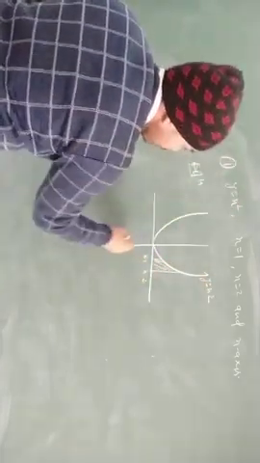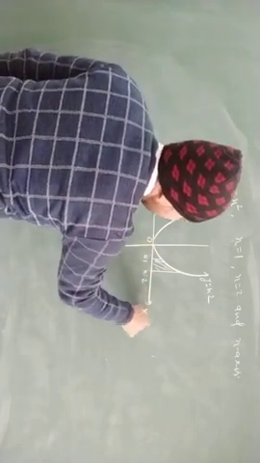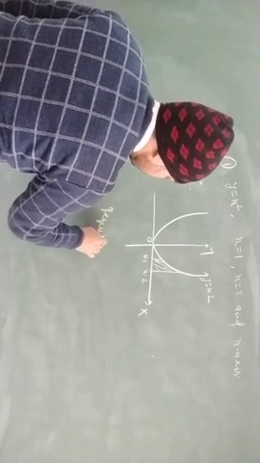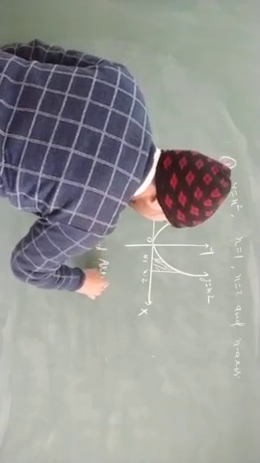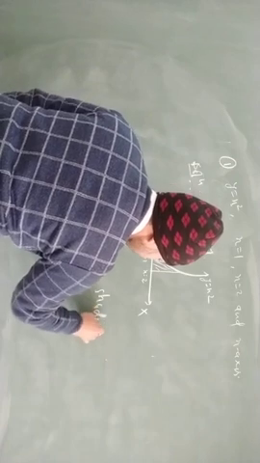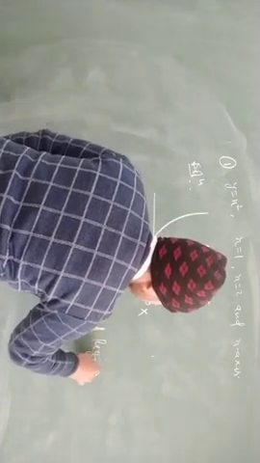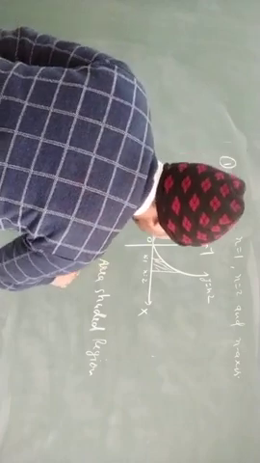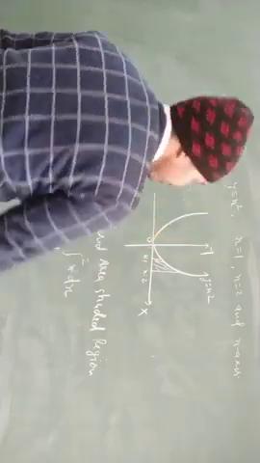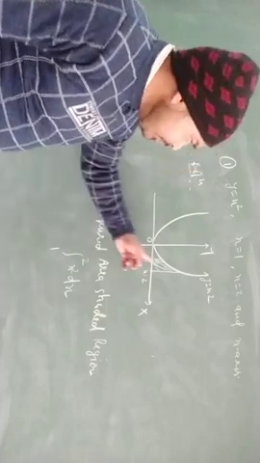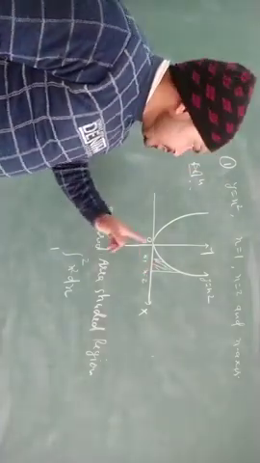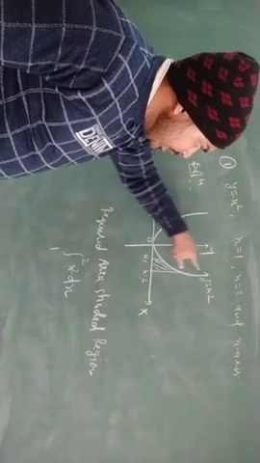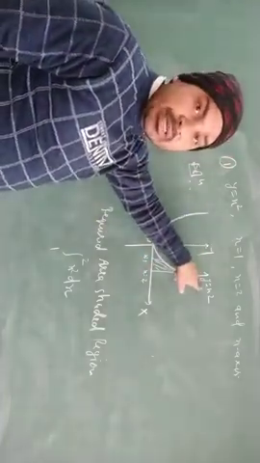Now, this is your x and y. Required area of the shaded region is the integration over 1 to 2 of x square dx. This is the required shaded region, which is enclosed between the line x is equal to 1 and x is equal to 2 and under the curve y equal to x square.